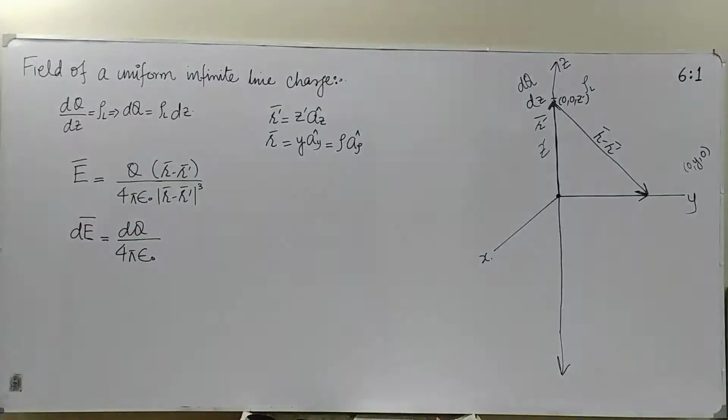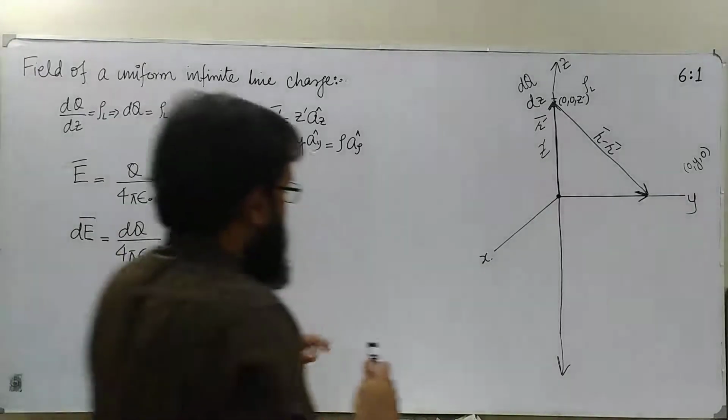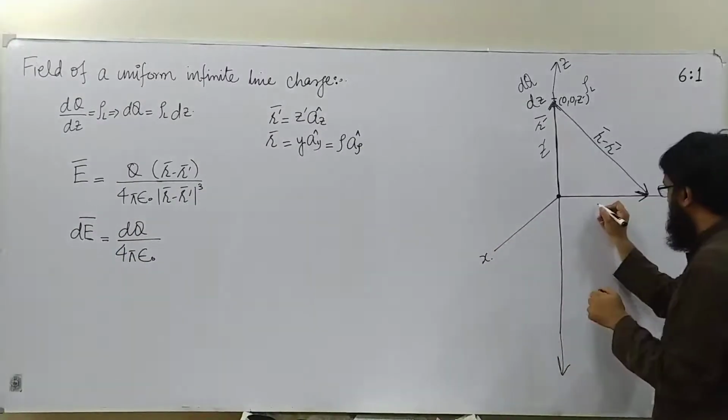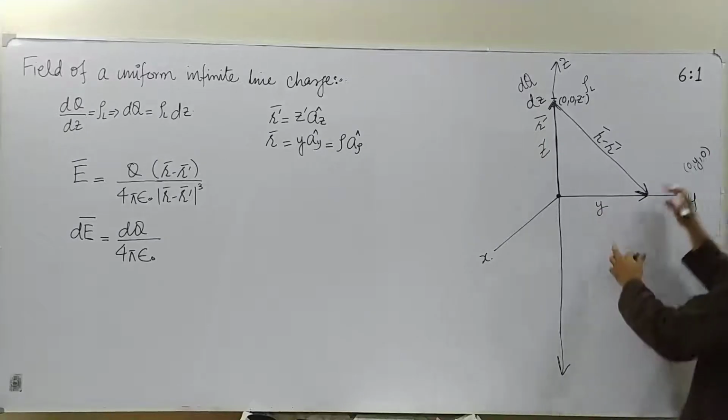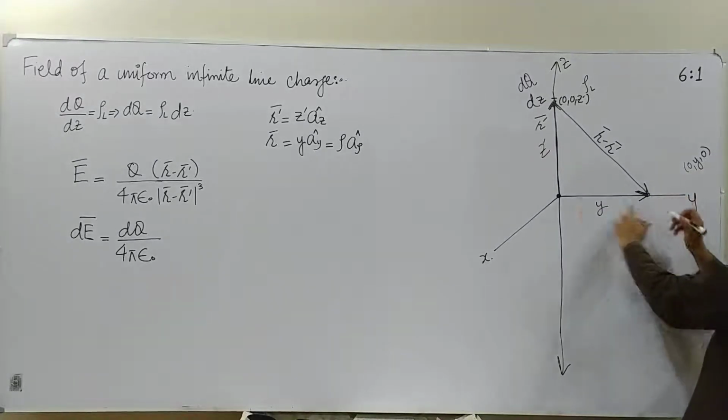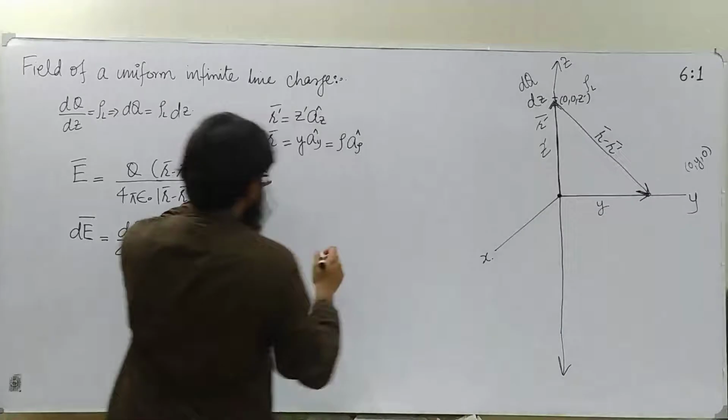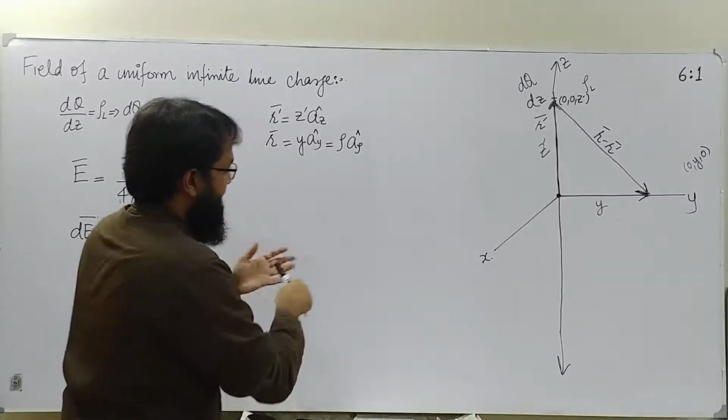I am directly writing the answer after converting the position vector r from rectangular to cylindrical coordinate system. Okay, so there we go. This length is rho. Okay, 0 by 0 is this point. So we have got the position vector to locate the field point.